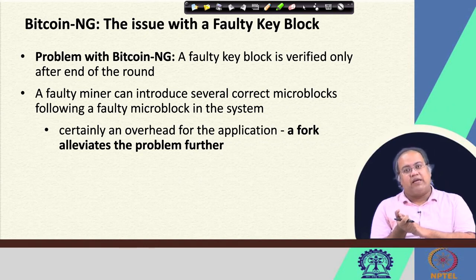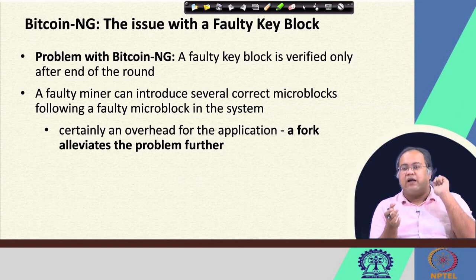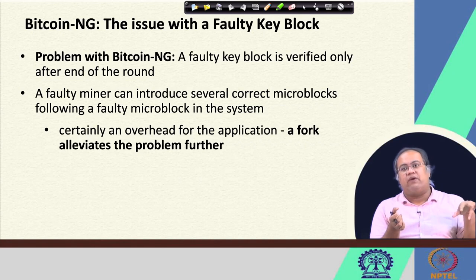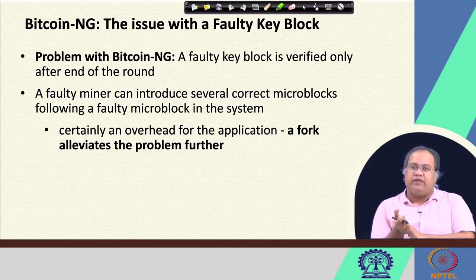But in the system I need to ensure that the miner who added that faulty micro block, even if it is part of the fork network, has all the existing micro blocks and key blocks corresponding to that miner in that round removed.